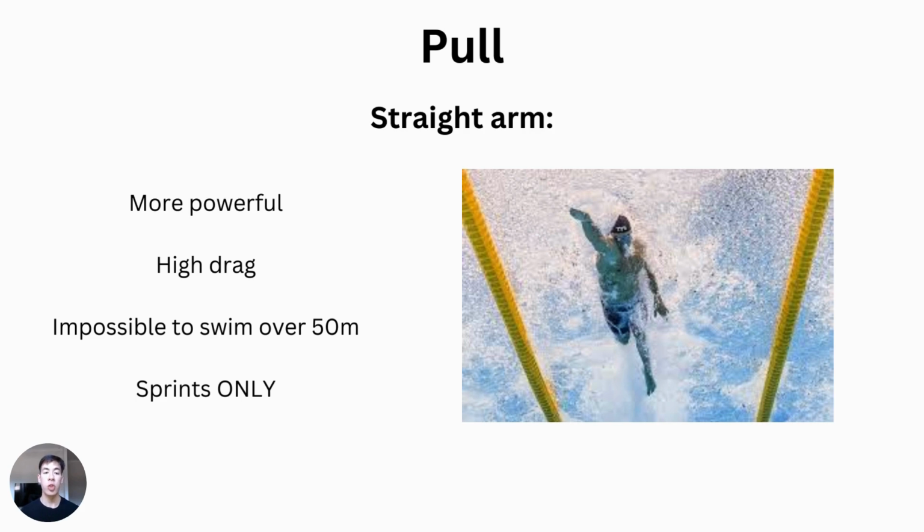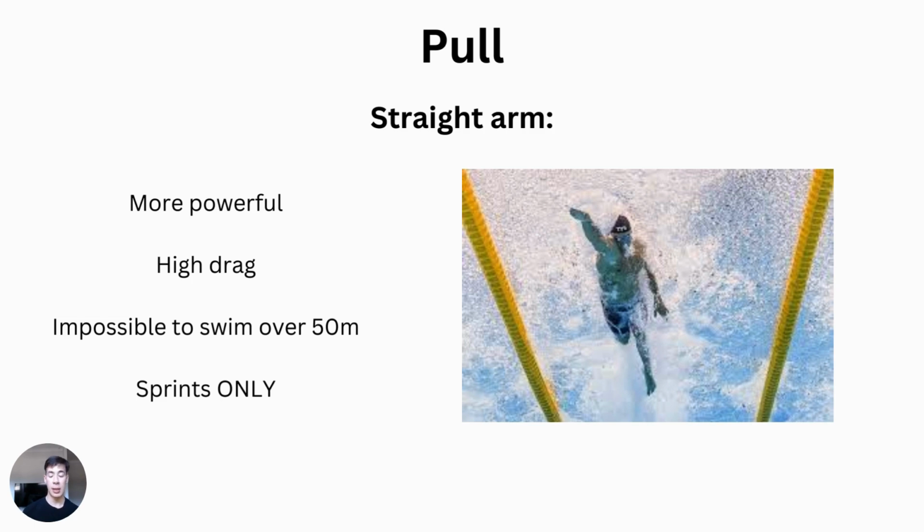For straight arm, this is so much more powerful than having a high elbow catch, but the caveat is that it creates so much more drag, because the surface area in the water with your front arm is going to be so much larger. And also, it's really impossible to swim for events over 50 meters, because eventually the drag and the fatigue it creates is going to catch up to you.